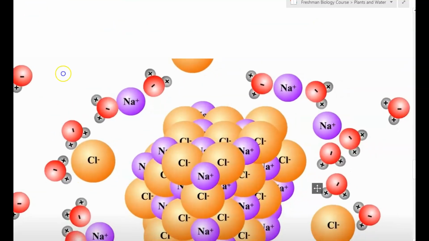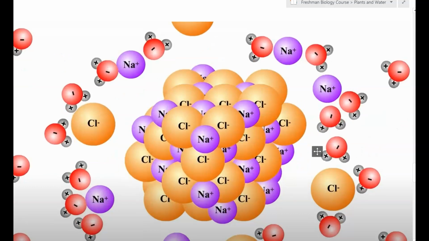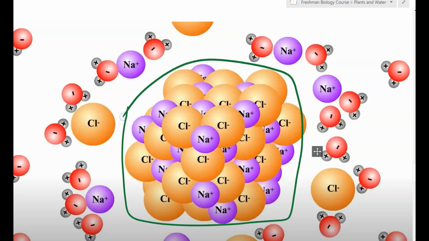So you saw in the video where they dumped the salt into the water. So this whole thing right here, we say that this is one little salt cube, right? One little sprinkle of salt, and then you'll see how the water molecules are attracted to the sodium and to the chloride, right? So you're going to have the negative ends of the oxygen atoms, which are a part of the water molecules, attracted to the positive ends of the sodium.